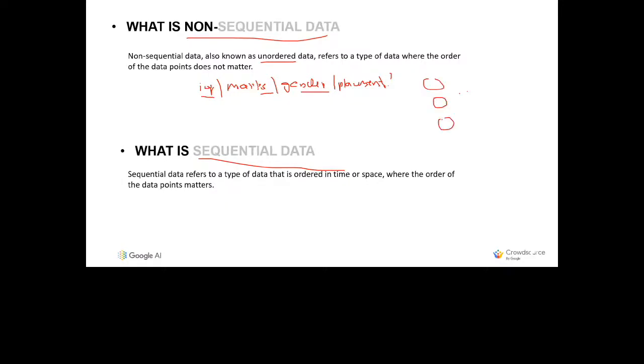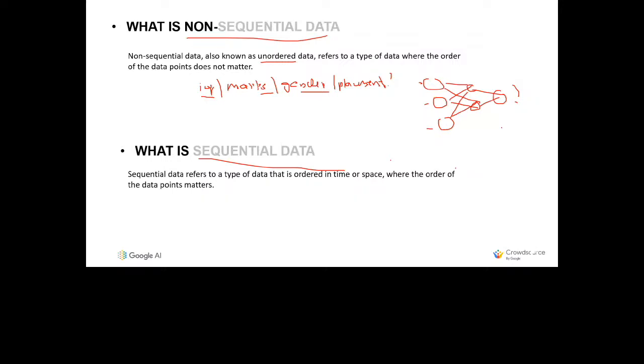All right, when you put it into a neural network, we have different layers, and then we have an output. See, here I have put the IQ. Here I am putting the marks. Here I am putting the gender. Do you think if I interchange these values, will it affect the placement?